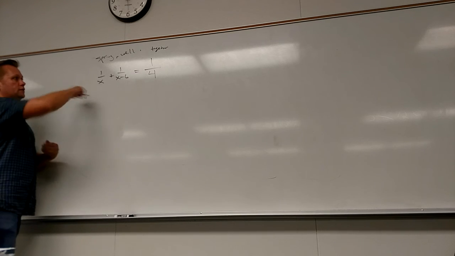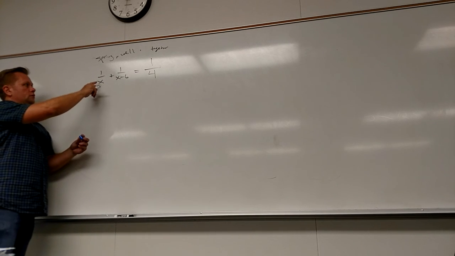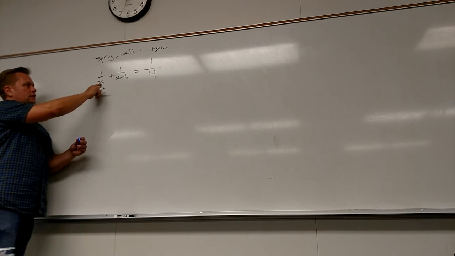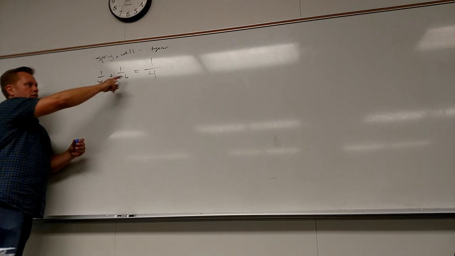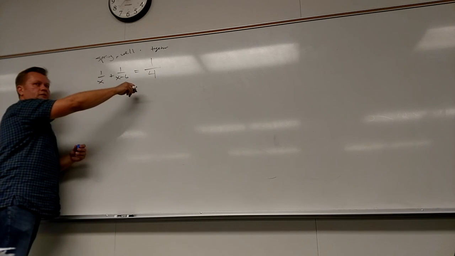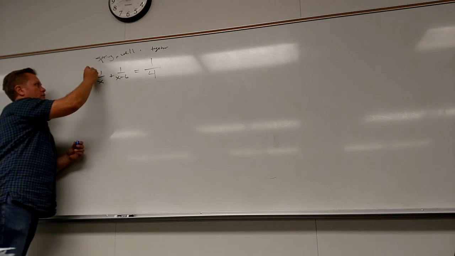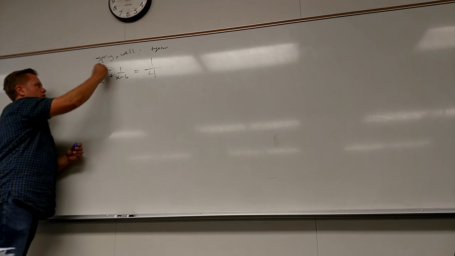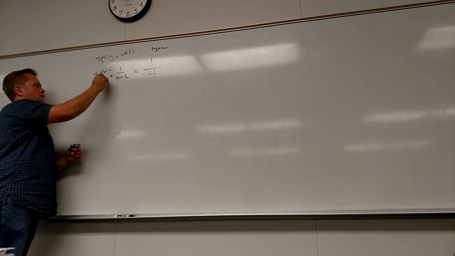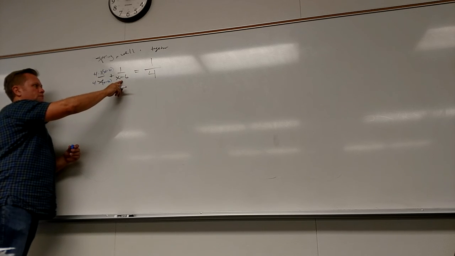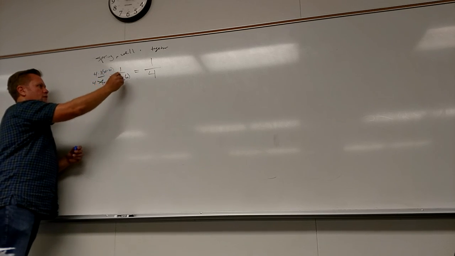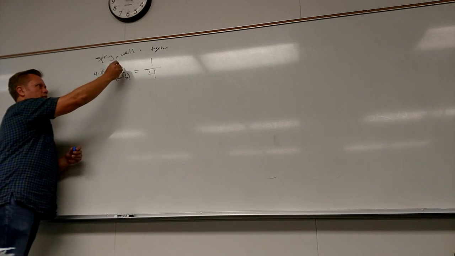Yeah, make them all have the same denominator in my mind. So what does this one need? He needs a 4 and an X minus 6. So you multiply it by 4 and X minus 6. What does this one need? He's got an X minus 6. He needs a 4X.